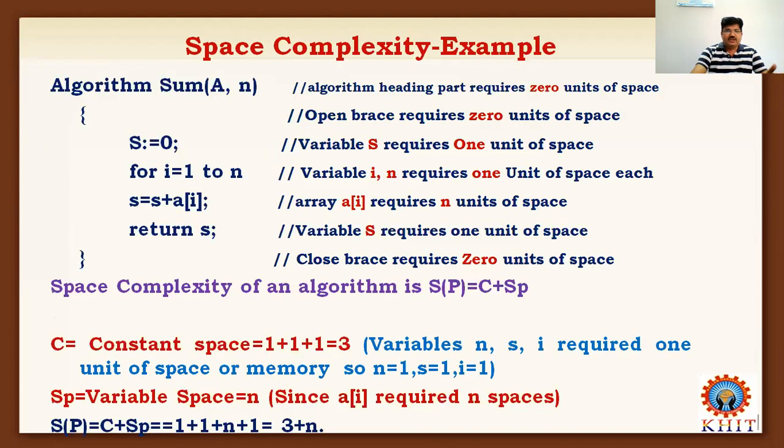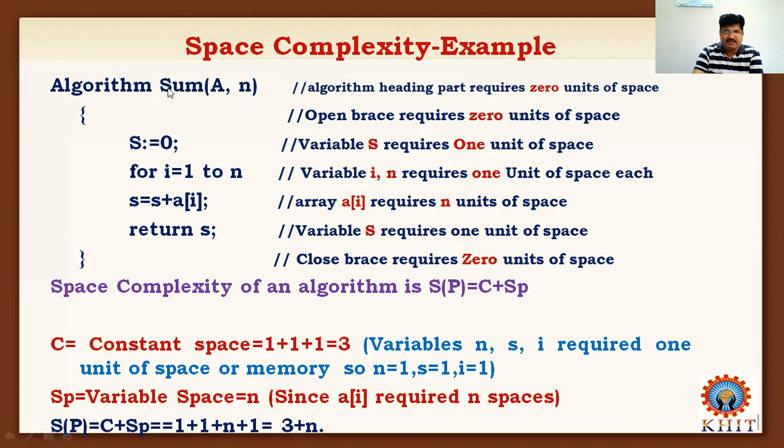So friends, students, let us discuss a simple example of how to calculate the space complexity of an algorithm. If you consider the algorithm, this is the header part of an algorithm. Always the header part of an algorithm starts with a keyword called algorithm. Algorithm is the keyword and the name of the algorithm is sum.